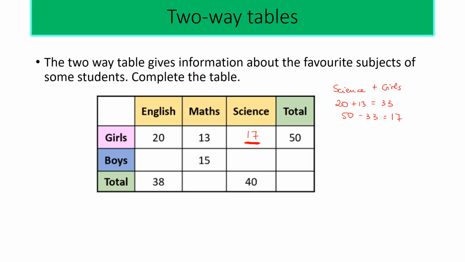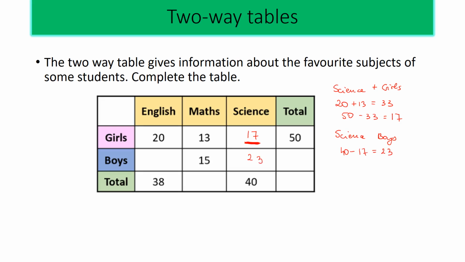Now that I have one value in this science column, I can work out how many boys like science. So science boys, I know that altogether there are 40 students who like science, and 17 of them are girls. So to work out how many boys like science, we need to take away 17 from 40, and that is 23.